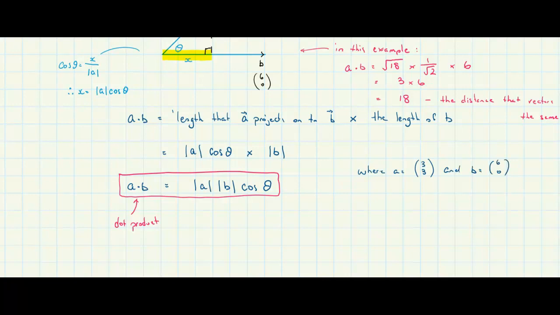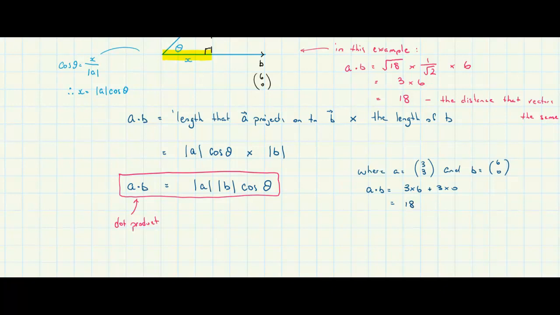Then A dot B will equal 3 times 6, multiplying our horizontal displacements together, plus 3 times 0, which gives us our 18.